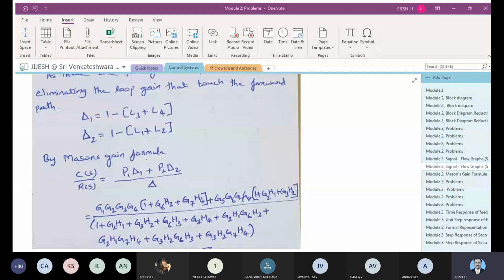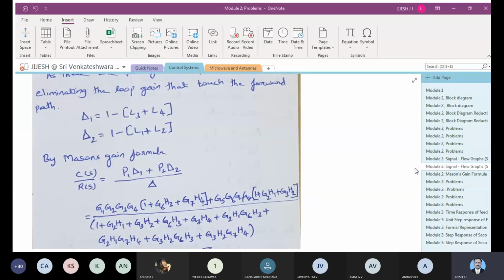But if you take this loop and this other loop, then you can say that they are non-touching to each other because they don't share a common node. That is what you have to understand. It is very important when solving the problems.